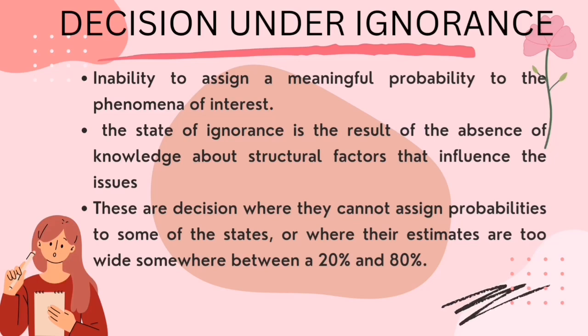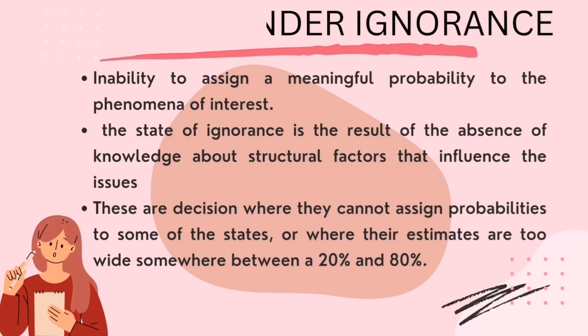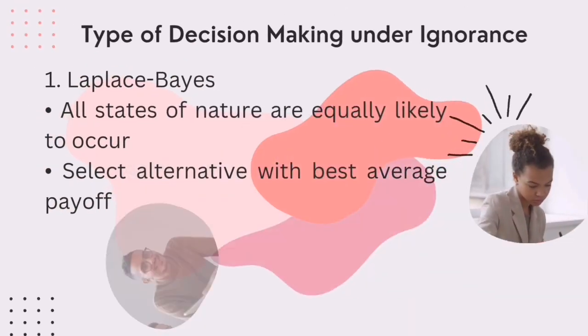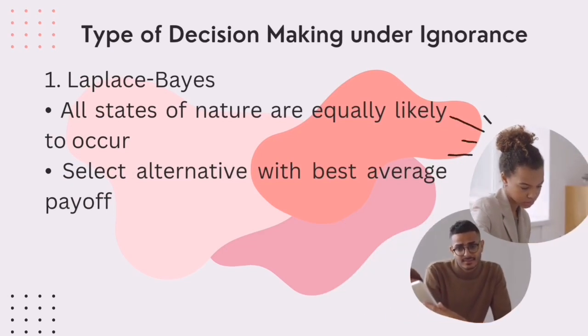Most researchers argue that the practice of casually papering over the ignorance with subjective judgment and analytic assumption can have serious consequences. These are decisions where they cannot assign probability to some of the states or where the estimates are too wide, somewhere between 20% and 80%. There are three types of decision making under ignorance.